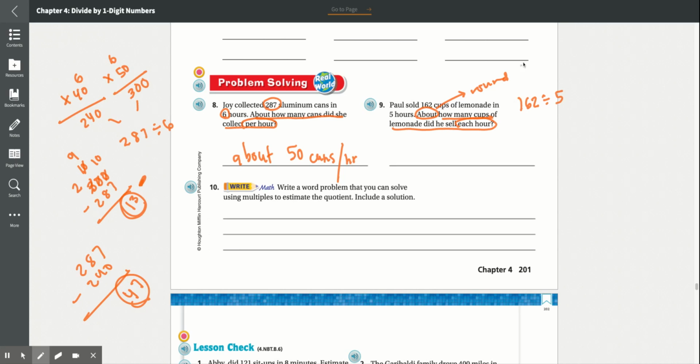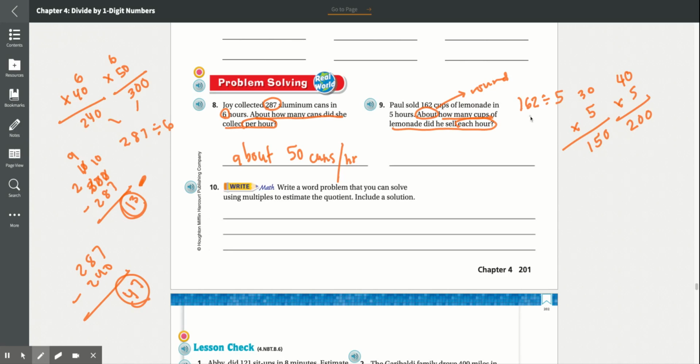So we can multiply 5 times 30. So that is 5 times 0 is 0. 5 times 3 is 15. So it's 150. And so let's go one up. So it's 40 times 5. 5 times 0 is 0. 5 times 4 is 20.